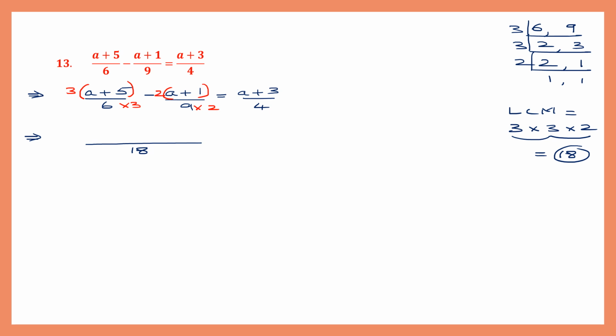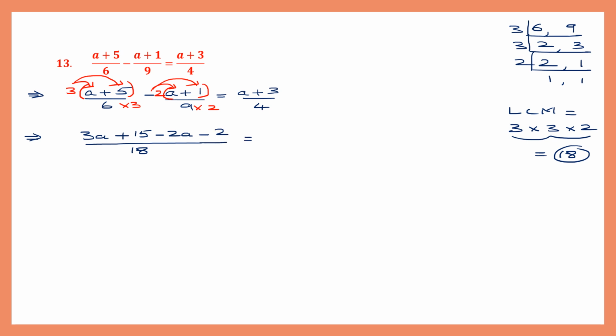So let's begin. Here it is 3 into a and then 3 into 5. 3 into a is 3a. 3 into 5 is 15. So plus 15. Similarly, on the other side, minus 2 into a and minus 2 into 1. Minus 2 into a is minus 2a. Minus 2 into 1 is minus 2.